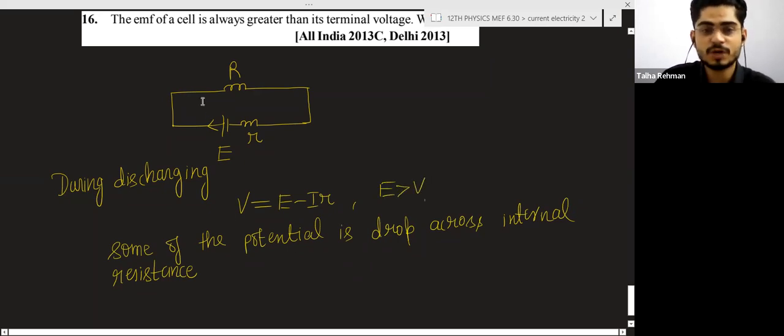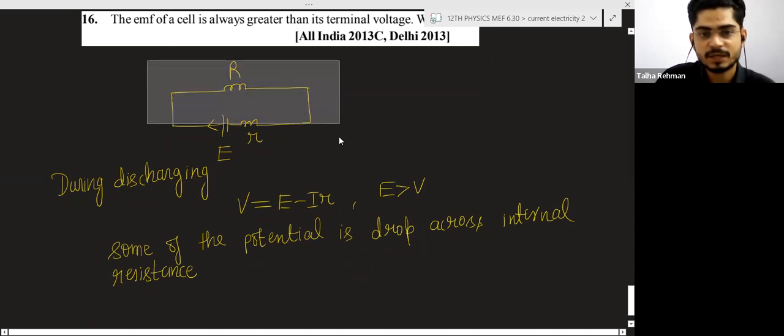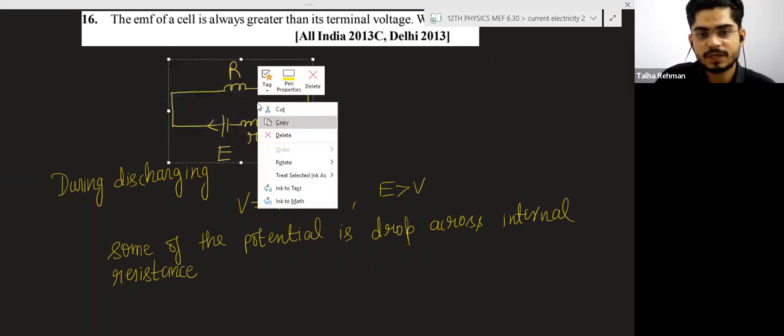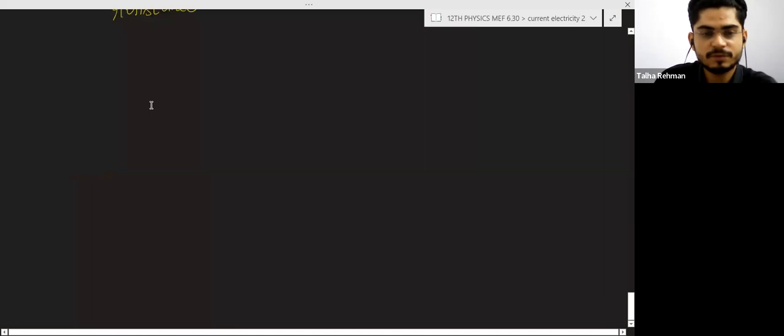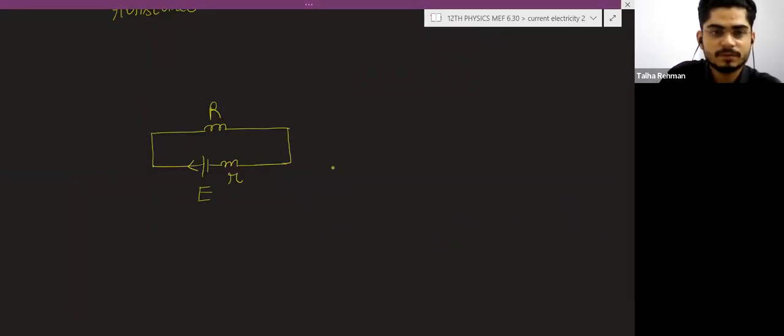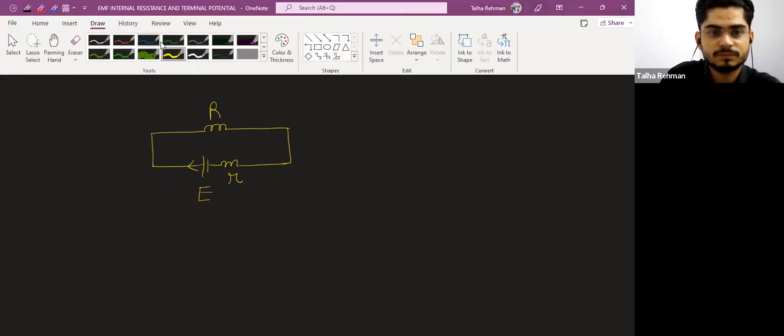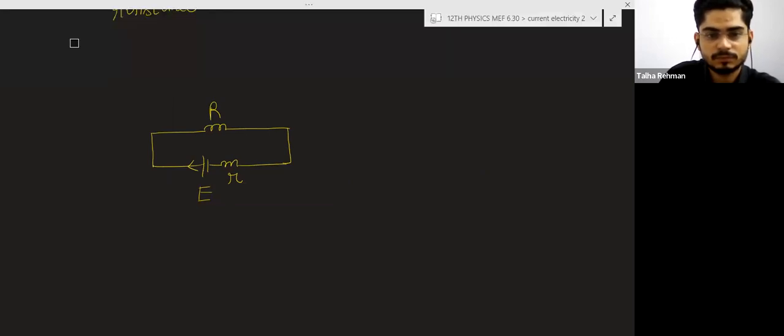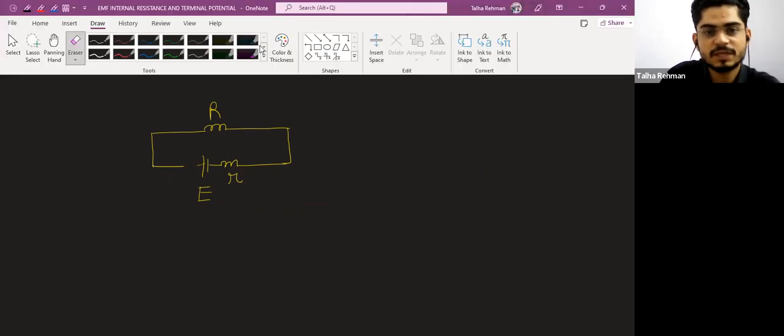But I am telling you a case in which the terminal voltage will become greater than the EMF. Suppose this cell is charging.